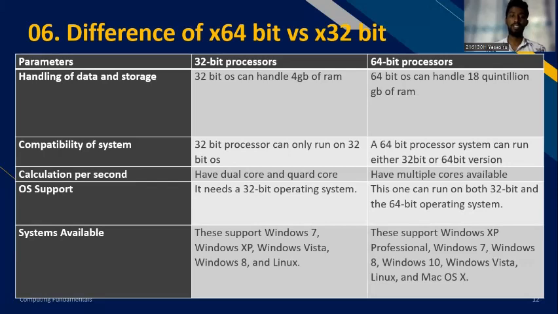As its name suggests, the 32-bit OS can store and handle less data than the 64-bit OS. More specifically, it addresses a maximum of 4 GB RAM. The 64-bit OS, on the other hand, can handle more data than the 32-bit OS. It means that it can address a lot more, which is 18 quintillion GB of RAM.